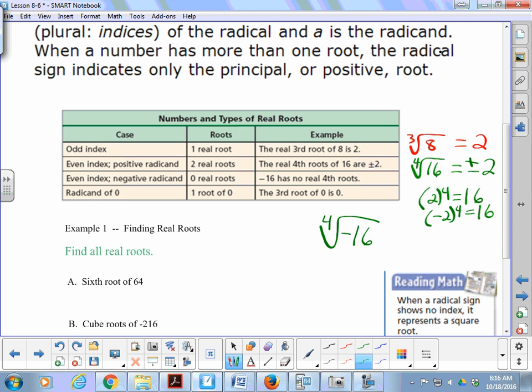And if the radicand is 0, then there's only one root, and that is 0. So the 50th root of 0 is always going to be 0.